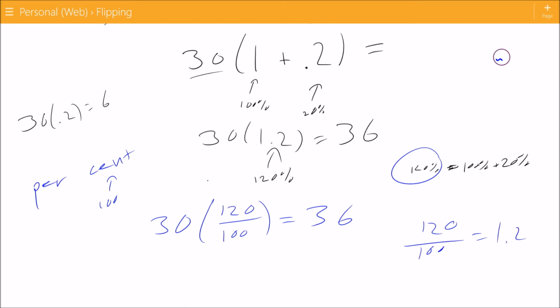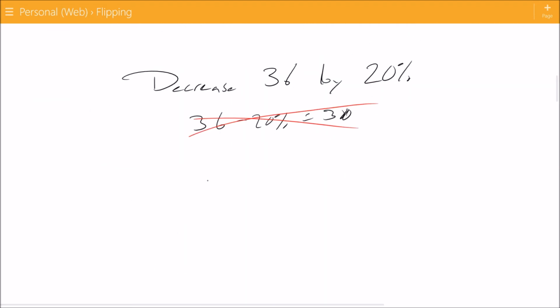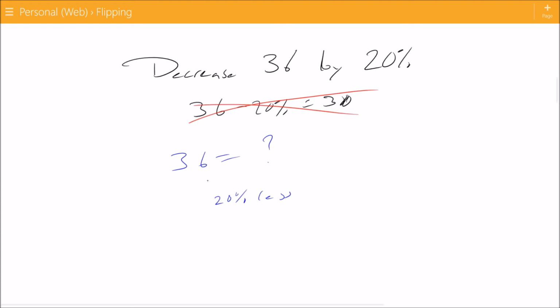Percentages also function really well as ratios. So let's look again at where we were a moment ago. If I want to get 36 equal to something that is 20% less, I cannot just assume and work from what I had a moment ago, because watch this.